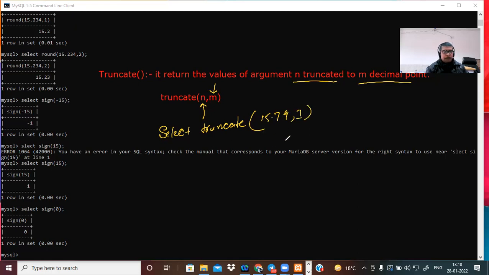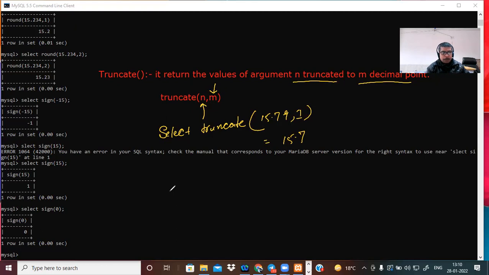It will return 15.7. I hope it is clear to you. Next we have truncate to the nearest tens place.